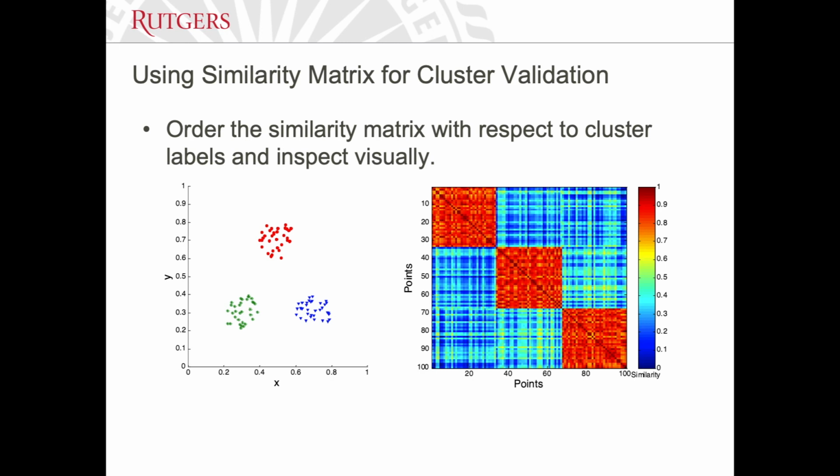This is also known as the block diagonal structure, as shown on the right in this slide. In this graph, the clusters are well separated, and the red block, which is close to 1, means a high correlation among the points, and that represents the points belonging to the same cluster or close to each other.